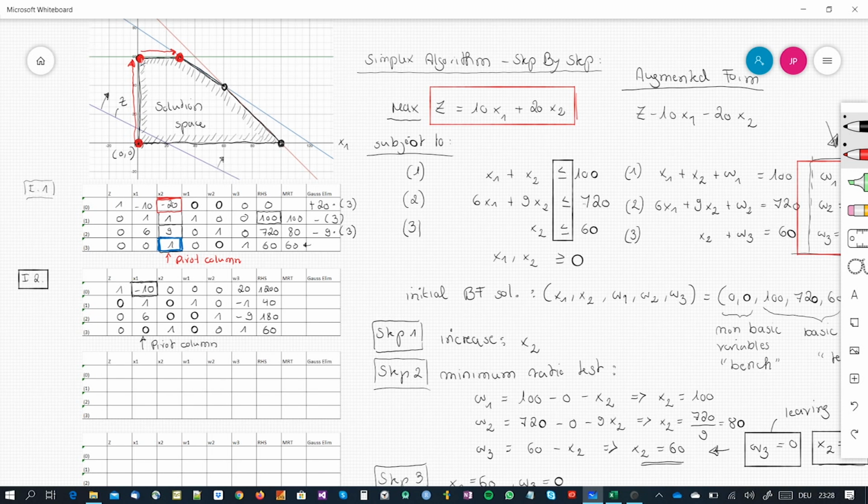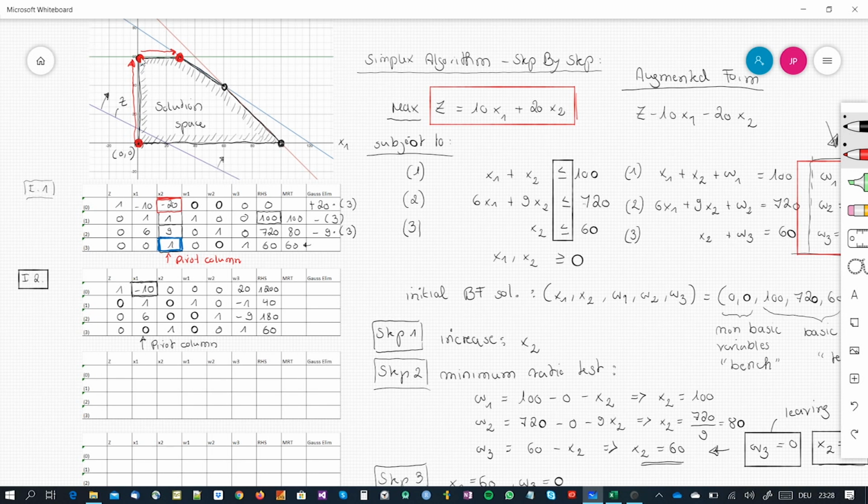column as the one of x1, and now we perform the minimum ratio test to see which of the equations would be next binding. From our graphical solution, this becomes clear, but if we have more complicated problems, then we can't depict the graphical solution, so we would perform the minimum ratio test as follows.